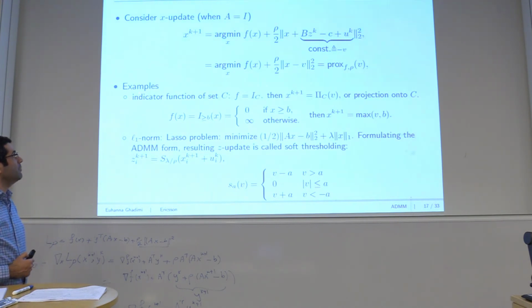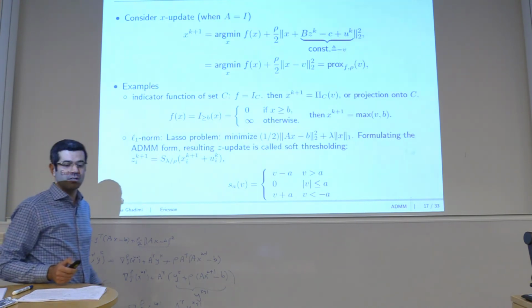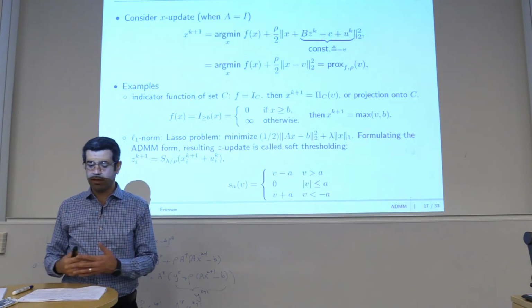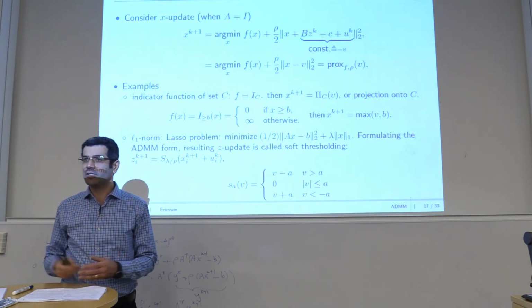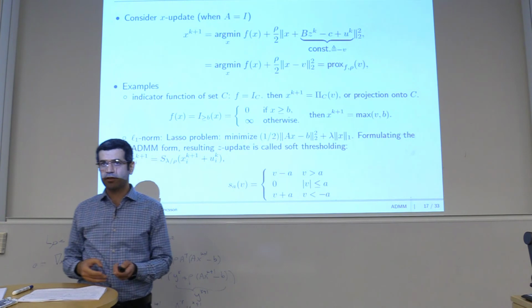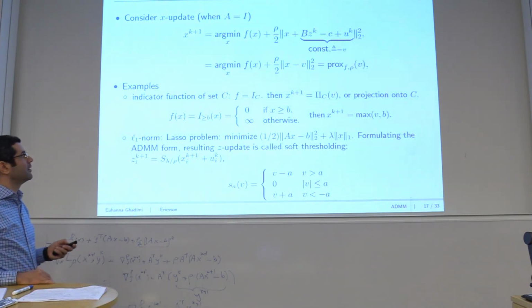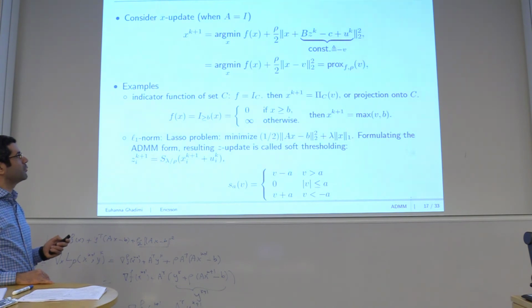Let's give some examples now for the functions that, because of method of multipliers and ADMM, we can introduce new cost functions that weren't possible for the dual ascent case. For example, one good example is the indicator function.